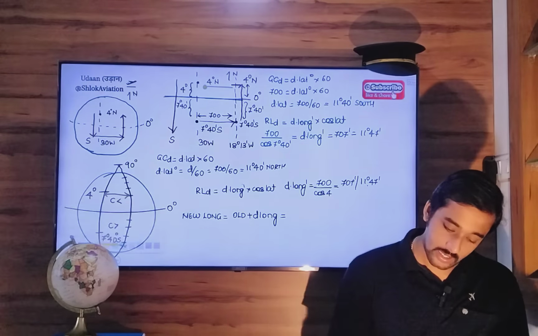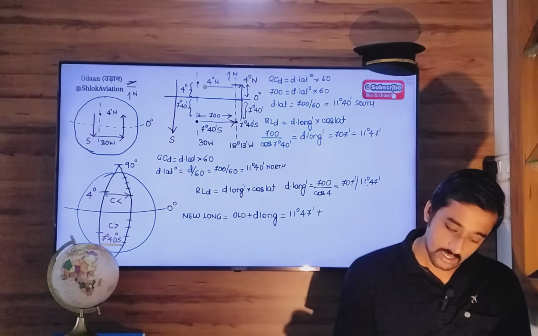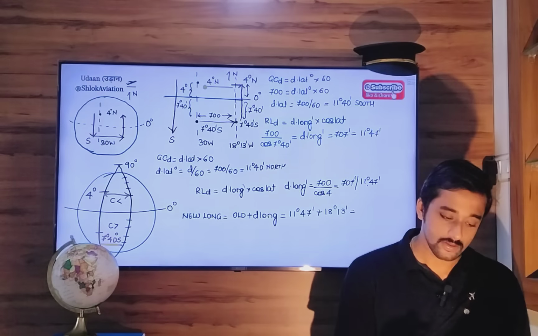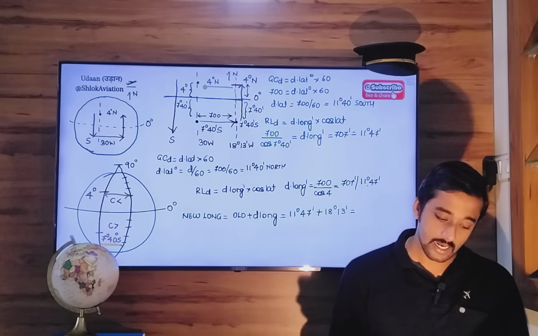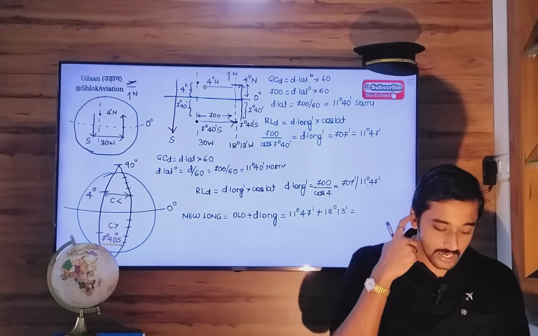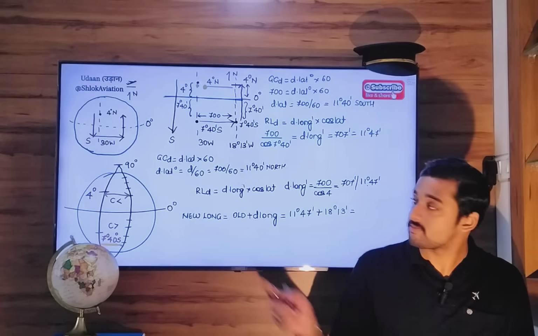Old longitude is 11 degree 47 minutes plus original longitude 18 degree 13 minutes. That is 30 degree, approximately 30 degree. Now 30 degree west longitude is again the same longitude as this.